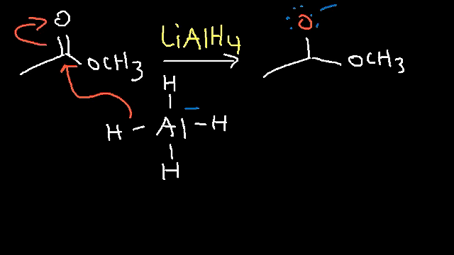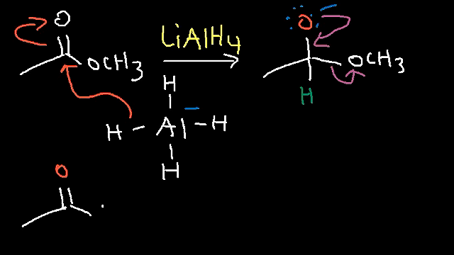So this is what we're going to have after adding the first hydrogen. Now, at this point, the oxygen with a negative charge is going to use one of its lone pairs to form a double bond, expelling the OCH3 group. So the ester is reduced to an aldehyde.